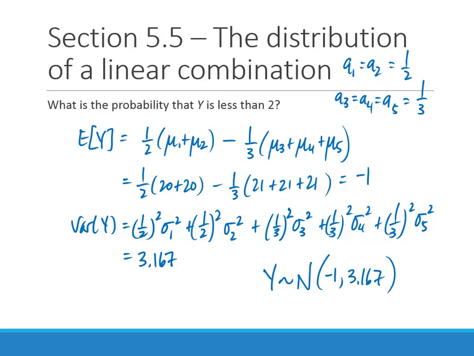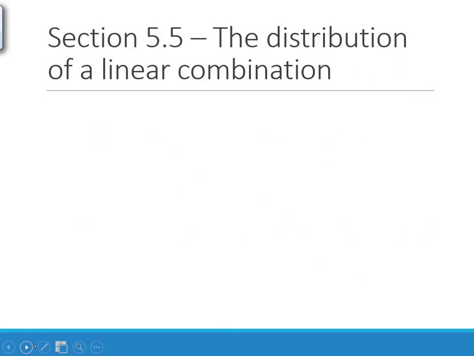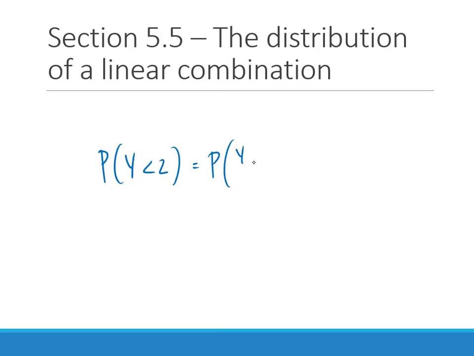Okay, so I have a normal distribution, so I don't need to worry about the central limit theorem or anything like that. I can now answer a probability question. So I want the probability that y, the difference here, is less than 2. I can just do the usual standardizing trick: y minus -1, divided by the square root of its variance, the square root of 3.167.